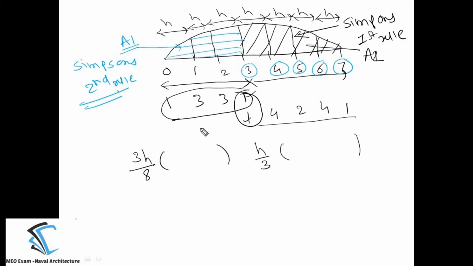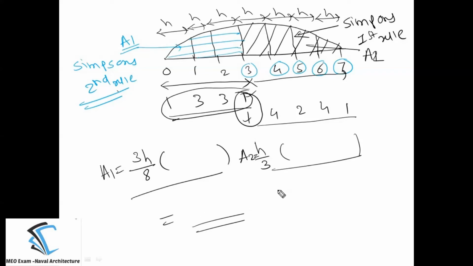So what I suggest now is to do the calculation for A1 separately, do the calculation for A2 separately, find out area 1 and area 2 separately by using this formula, and then you can add the 2 areas. You can't add the individual multipliers here as we did before. Multipliers you can add only if you are using the same rule in regions adjacent to each other.